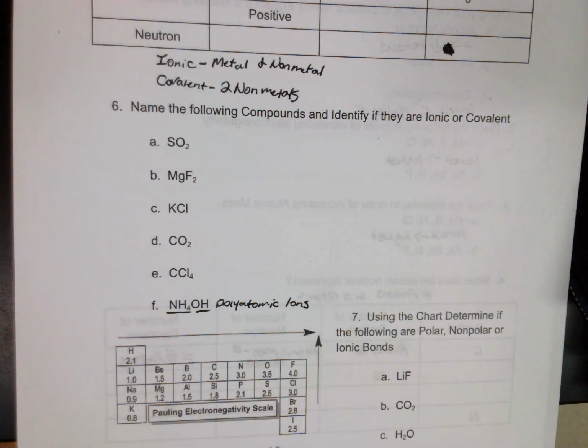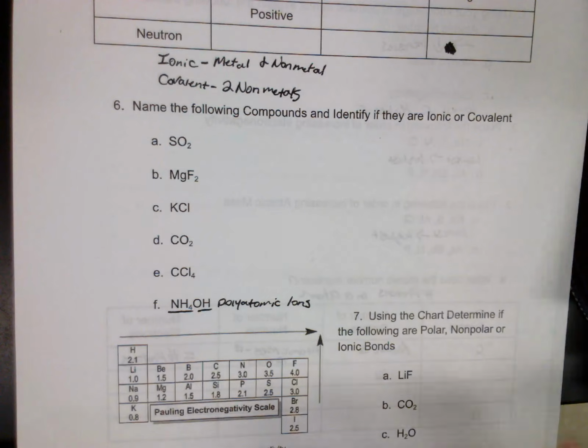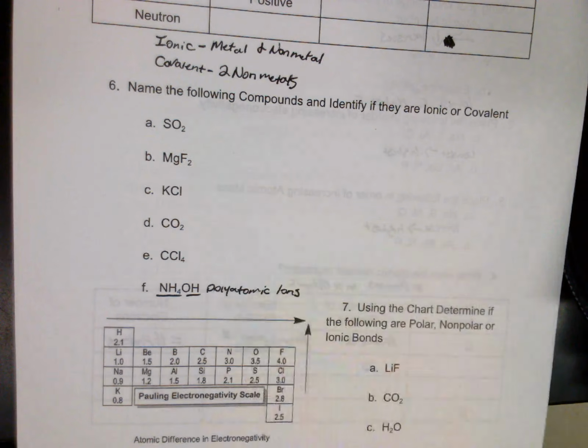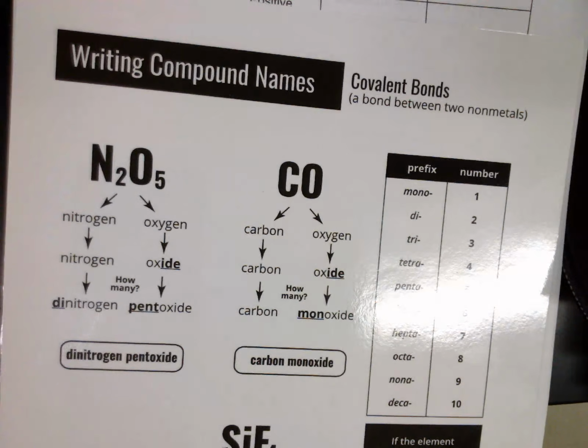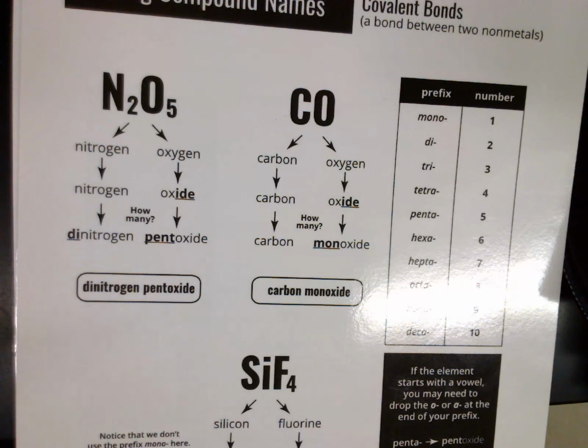Once you have identified these compounds, we're going to name them. So pause here so you can identify. Now we're going to name them. As you have identified them as either covalent or ionic, you can use your writing compound names chart to walk you through the steps of how to name them.